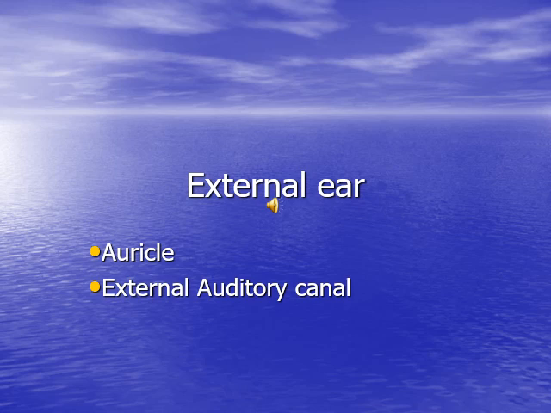For the external ear diseases, as I said, we will divide the diseases into those affecting the auricle and those affecting the external auditory canal. And before going to discuss these diseases in detail, we have to know some points about the structures of the external ear.